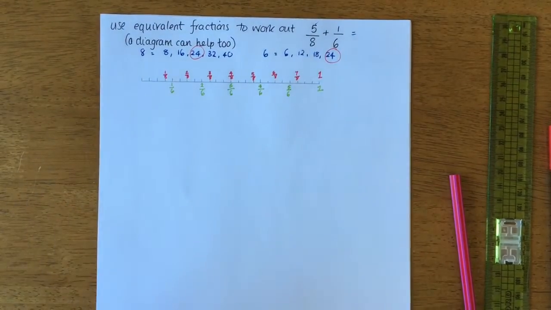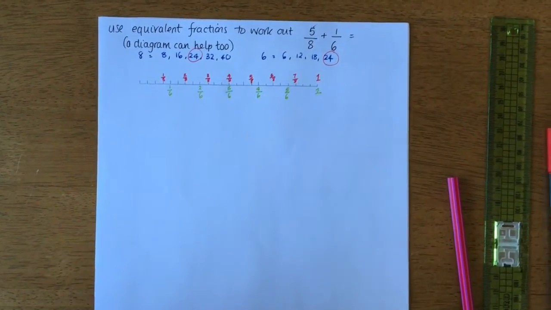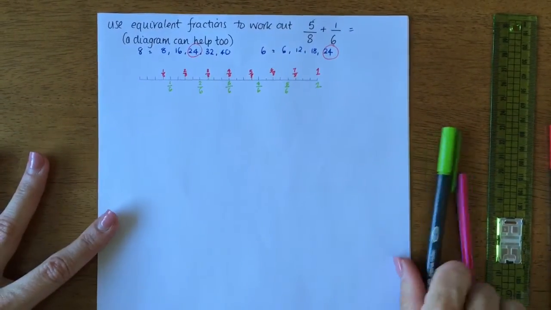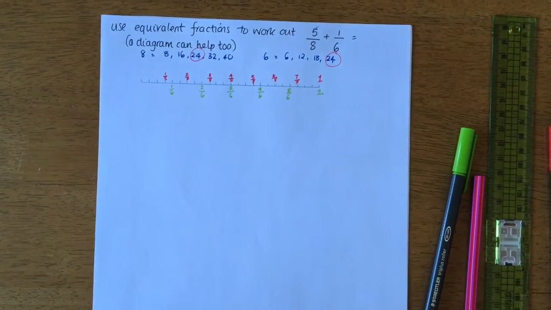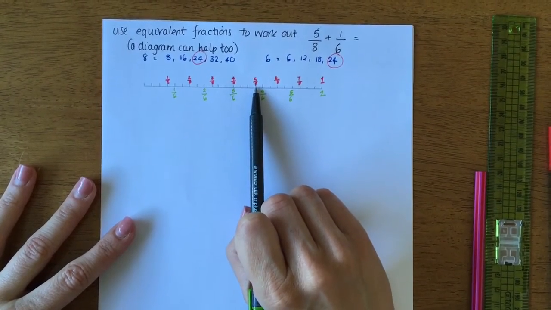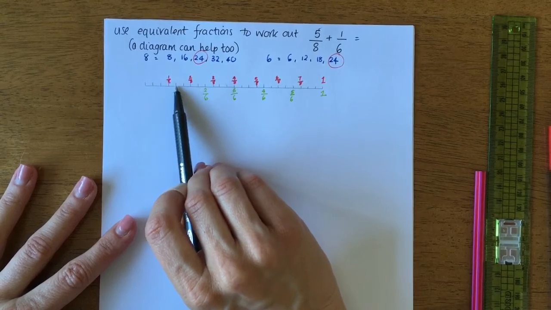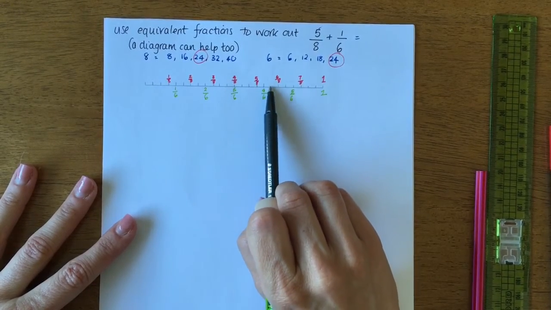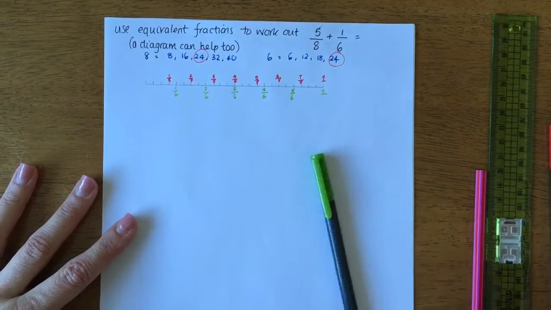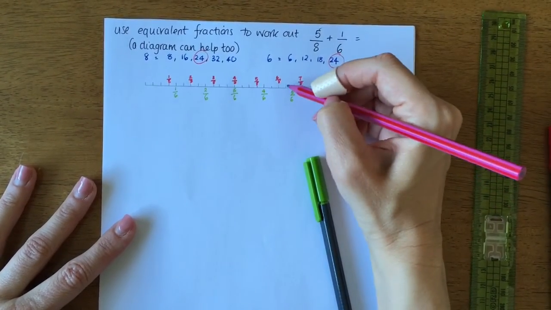Okay, so what to do with this is I would be writing them as equivalent fractions now. We can do it in the way that we did it before. So if we're on 5/8 and we know we've got to add a 6th, which is 1, 2, 3, 4 little lines, this is where our answer is going to appear.